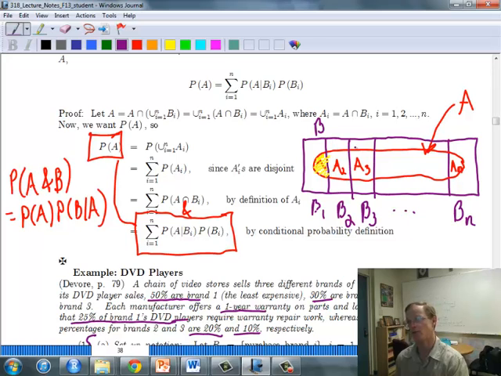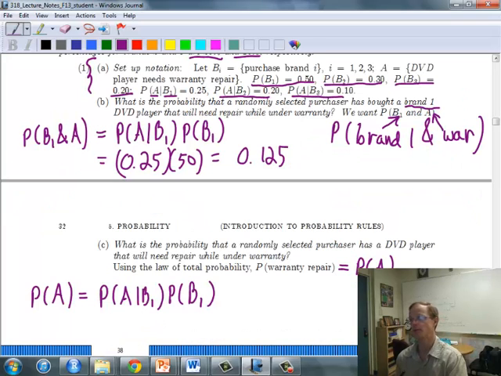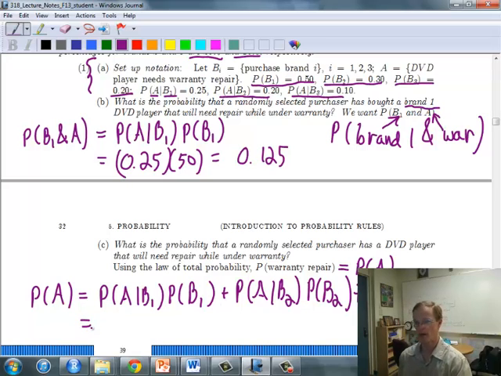We're going to need the next two components. So the formula, I'm going to add those three parts. So the summation, we need A given B2 times probability B2 plus probability A given B3 times probability of B3. Now it's just a matter of plugging in.